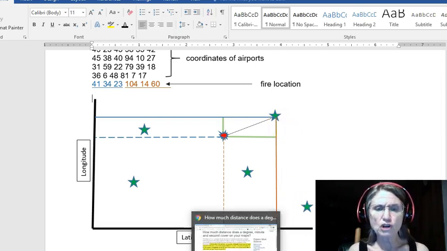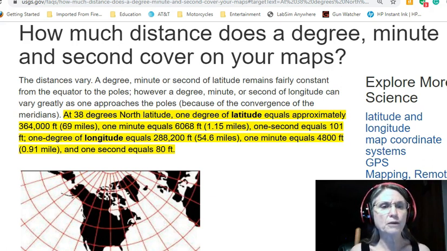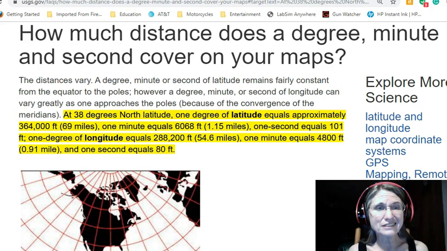Let's consult a web page here. How much distance does a degree, minute, and second cover on your maps? This is from the U.S. Geological Survey. And right off the bat, we're going to find that the distances vary. A degree, minute, and second of latitude remains pretty constant from the equator to the poles, but longitude can vary greatly.